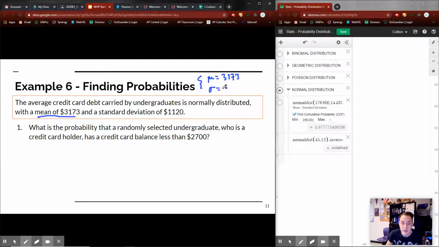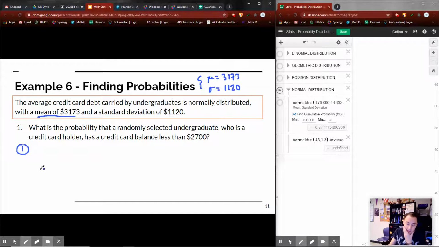And my population standard deviation is 1,120. You don't need to find the sample standard deviation or the sample mean at all.